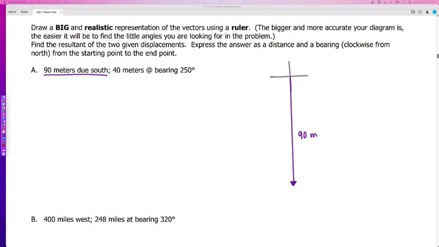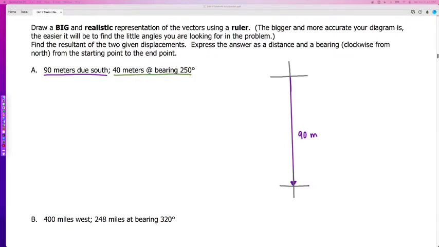Now, from the head of our first vector, that's where the tail of our second vector is going to go. That's where our second vector is going to originate or start, thus tail to head. So from the head of that first vector, again, I'm going to draw another compass or another set of axes here, and then I'm going to construct my second vector. So the second vector is 40 meters at a bearing of 250 degrees. So a couple of things.